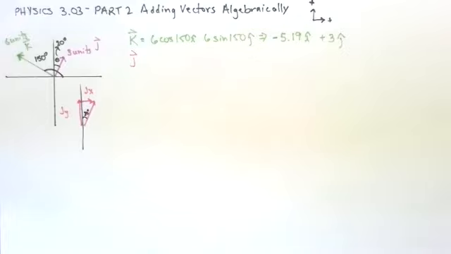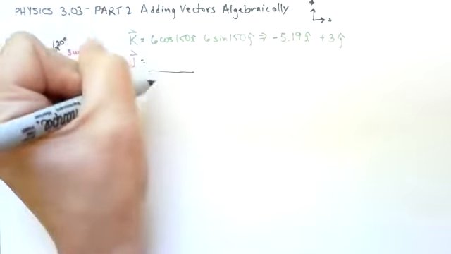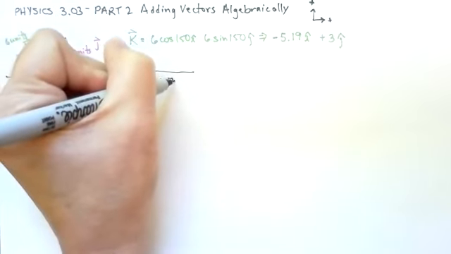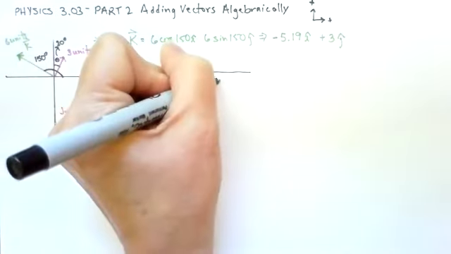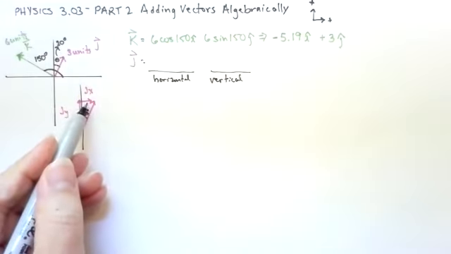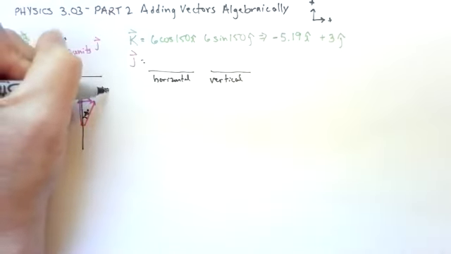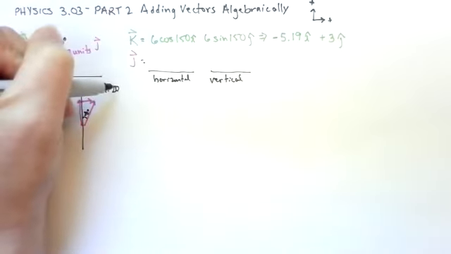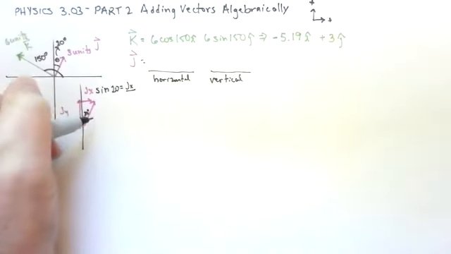Remember, when we resolve a vector, we always do the horizontal first. It's always the horizontal, and then it's always the vertical. Look at my horizontal. Is that still a cosine function? Nope. For this, I'm going to have to say the sine of 20 degrees is JX over 3, since this was 3 units.